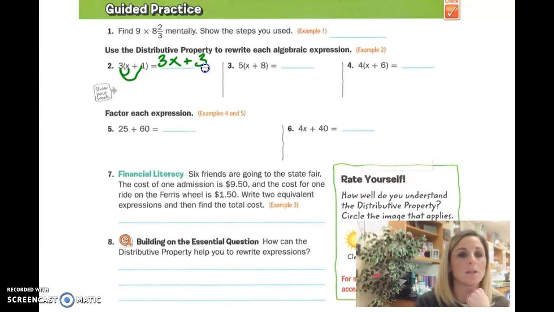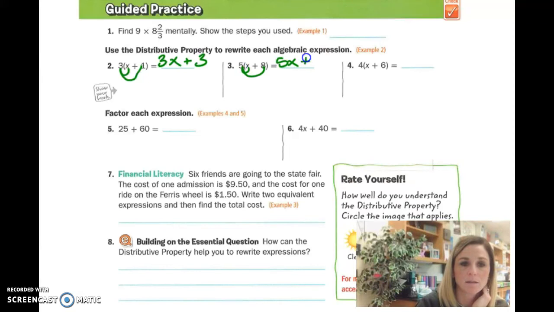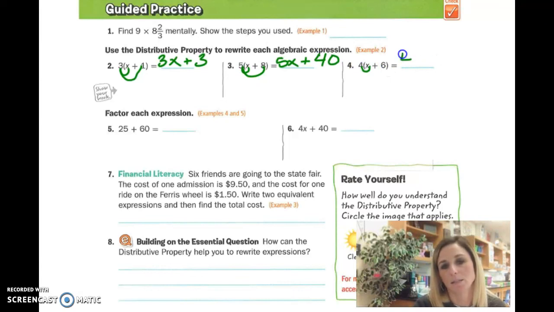So when I write this, it looks like 3x plus 3. I take this 5, I distribute it with the x. 5 times x is 5x. 5 times 8, I put my addition sign because they're adding, is 40. 4 times x is 4x. I have an addition sign, plus 4 times 6 is 24.